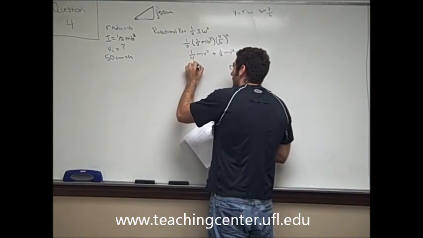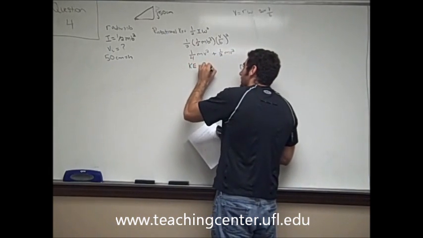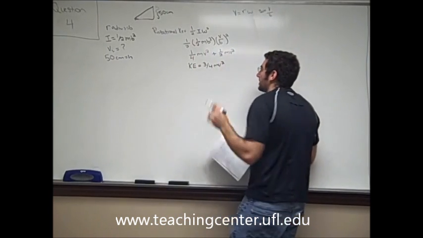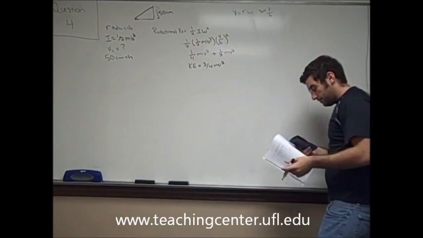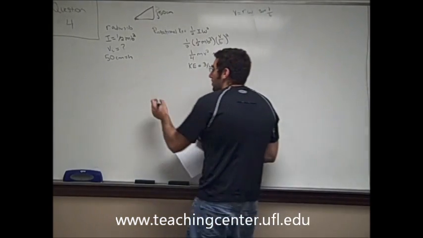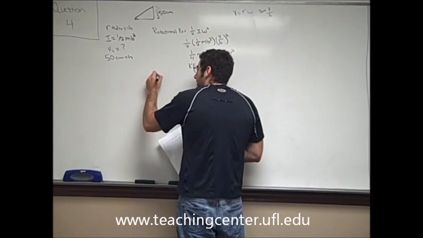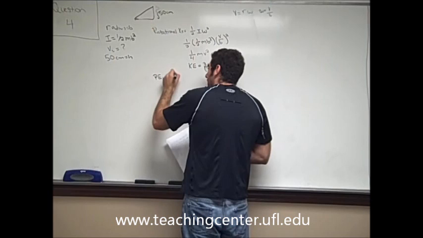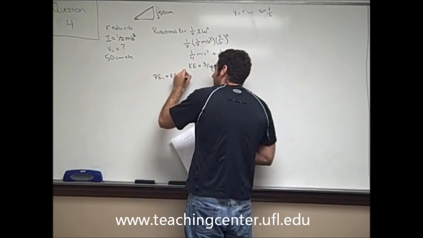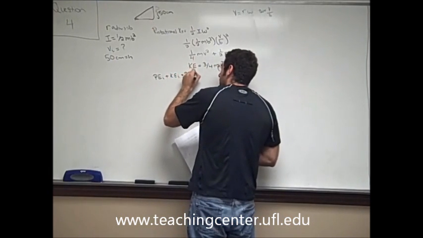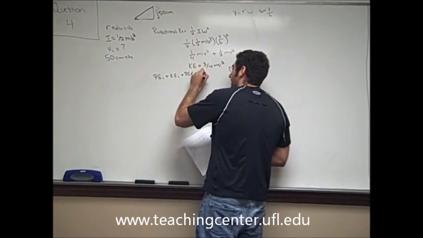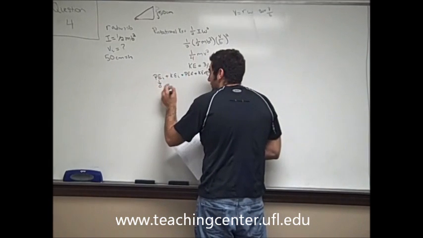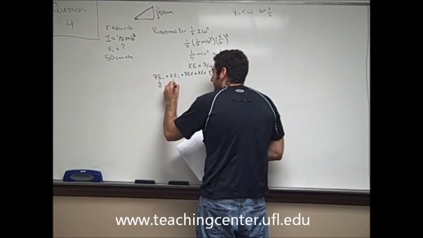So this is why this problem is complicated, because we had to find out the rotational energy and add it back to the kinetic energy. So just like before, we have potential energy initial plus kinetic energy initial equals potential energy final plus kinetic energy final. Well, if initially the cylinder is rolling, there's zero potential energy, so we have the kinetic energy.